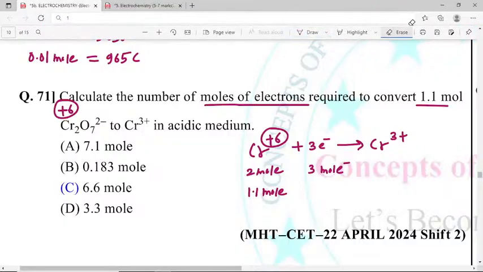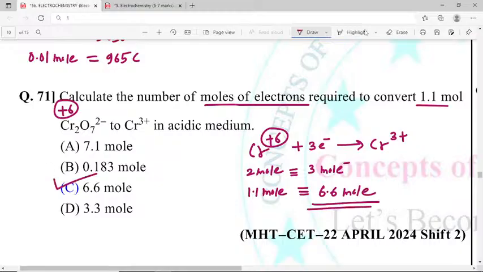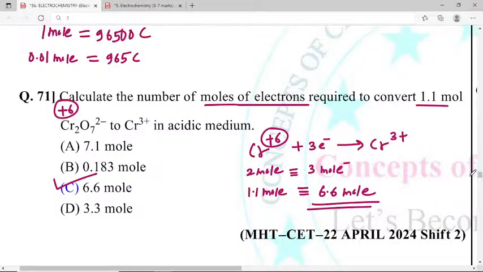Chromium at plus 6, 3 mole electrons, so it should be equal to 6.6 mole electrons. 1.1 mole Cr2O7 2-, so multiply by the 2 times chromium.